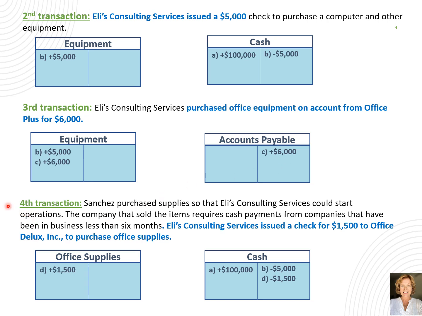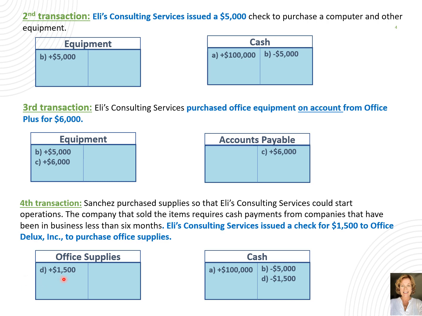For our fourth transaction, Sanchez purchased supplies so that Eli's Consulting Services could start operations. And for this transaction, Eli's Consulting issued a check for $1,500 to Office Deluxe Inc. to purchase office supplies. Office supplies increased. Office supplies is an asset, and assets increase on the left side with a debit.